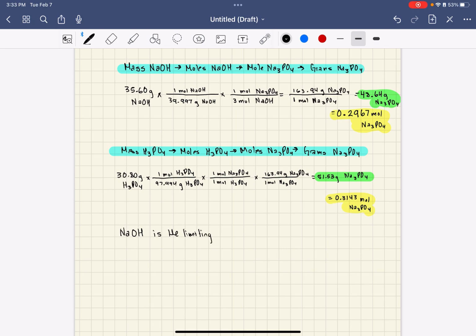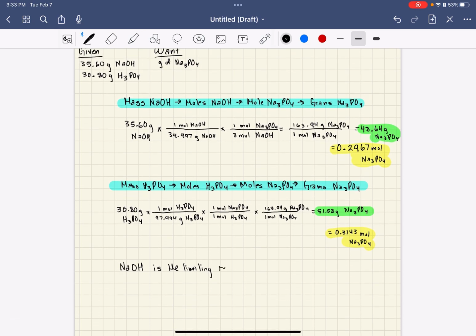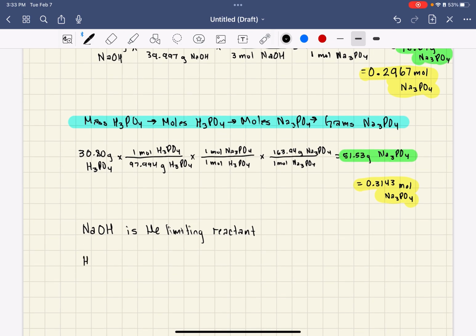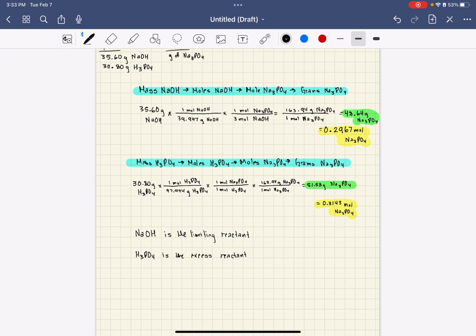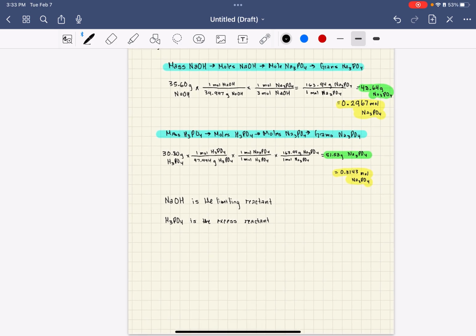Again, it is the first compound that will be running out when this reaction is taking place. And by default, H3PO4 is the excess reactant. Okay, now we'll teach you how to get the excess reactant remaining.